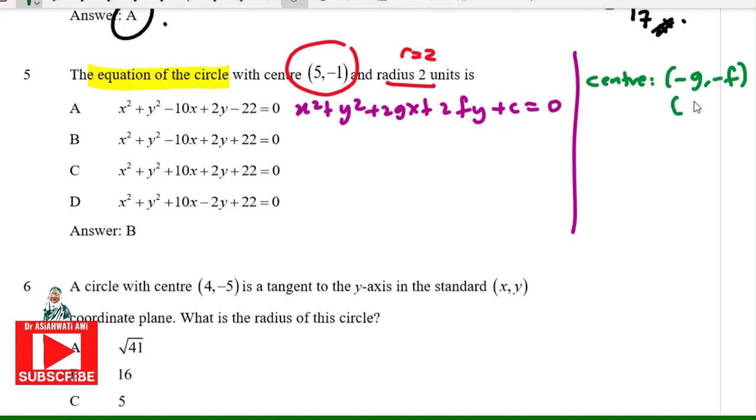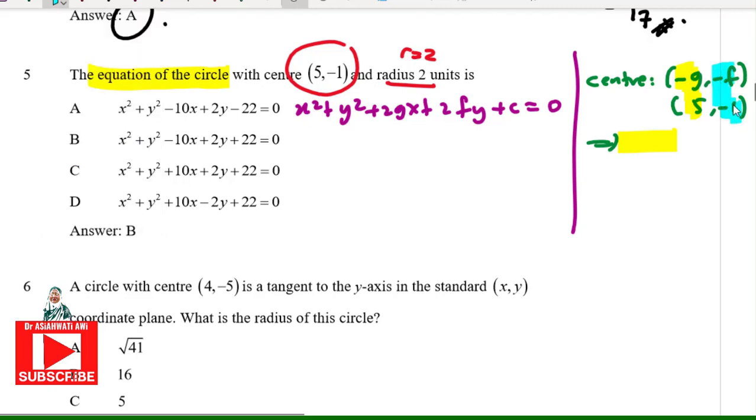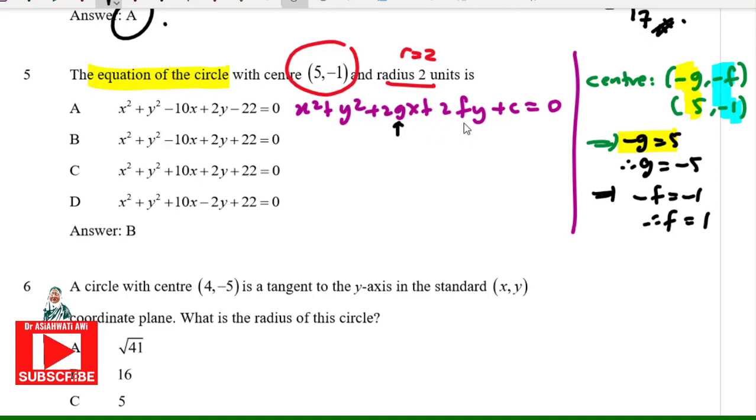So given 5, negative 1, here negative g is equal to 5, and negative f is equal to negative 1. Okay, negative g is equal to 5, therefore g is equal to negative 5. Negative f is equal to negative 1, therefore f is equal to 1. So we have settled g and f. Now we're going to find c.